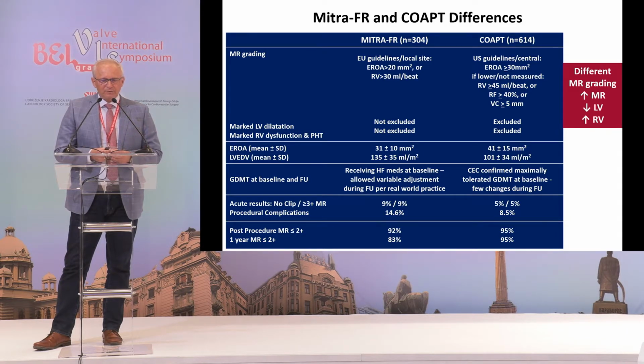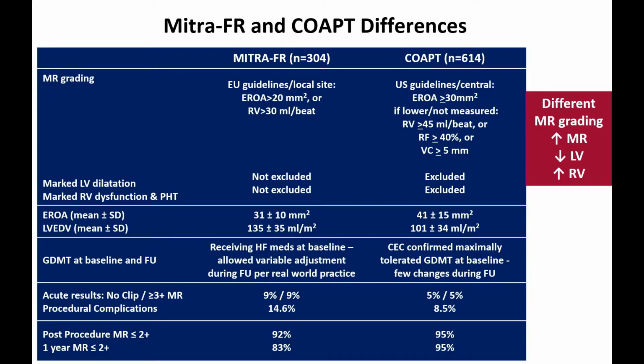The design between MITRA-FR and COAPT depends on the quantification of mitral insufficiency, also on the exclusion of patients with marked LV dilation in the COAPT trial, also assuring preserved right ventricular function and moderate pulmonary hypertension in the COAPT trial. Thereby it is no surprise that the degree of severity of mitral insufficiency has been greater in the COAPT study, and the degree of left ventricular dilation has been smaller in the COAPT study.